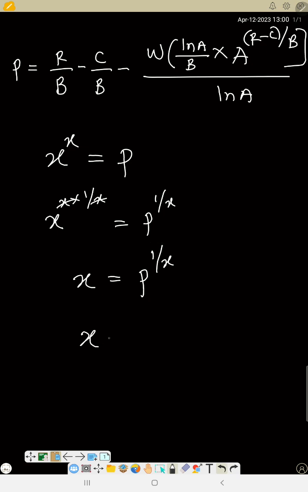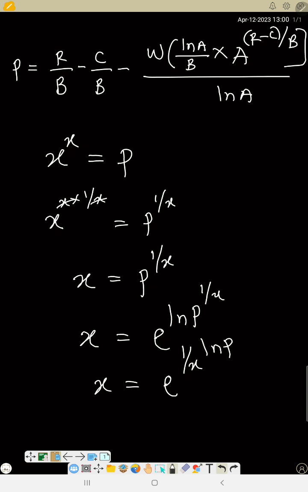So this becomes S is equal to E raised to power ln P raised to power 1 over X. So S will be equal to E raised to power 1 over S ln P.